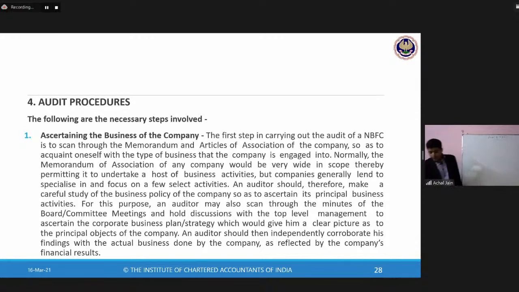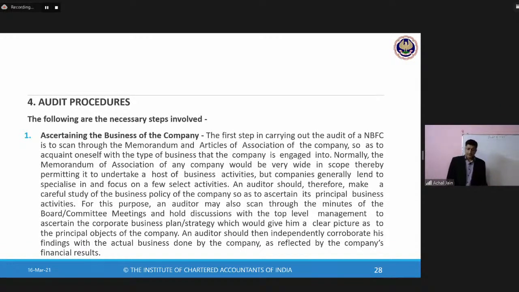The auditor will be required to do the risk assessment. The auditor will be required to come up with a detailed audit plan, basis which he will perform his audit procedures.